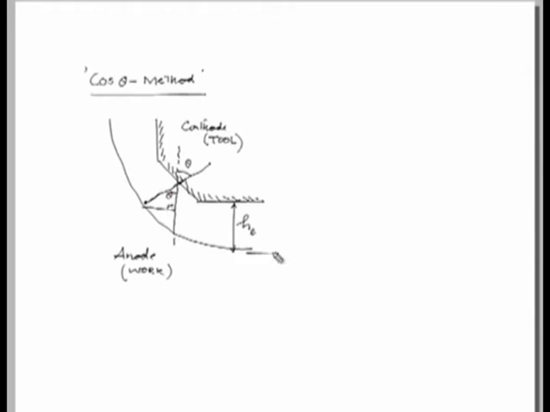Mathematically, this distance can be expressed as h e by cos theta. This is on the work surface as we have seen. Therefore, the distance at any instant during machining can be expressed as h e by cos theta.